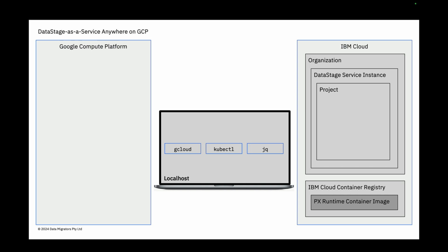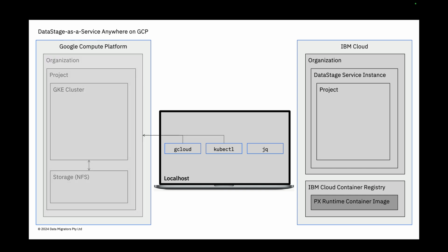On my laptop, I'll be using 3 commands: gcloud, which is the Google Compute Platform CLI, kubectl, which is the Kubernetes command line interface, and I'll also need to install another command called jq, which is used by a script that I will employ. I won't use that directly.